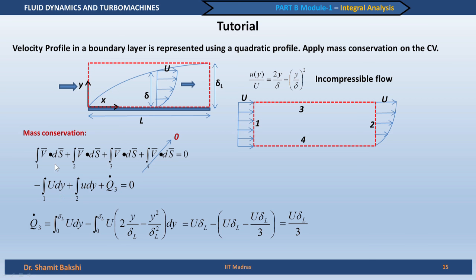I have written dS bar as dy. What we assume here is that this is a two dimensional situation. So, we take dy multiplied by 1, where 1 is the unit length in the direction perpendicular to this slide.